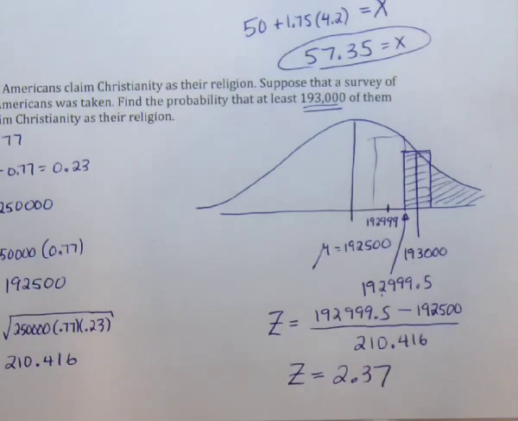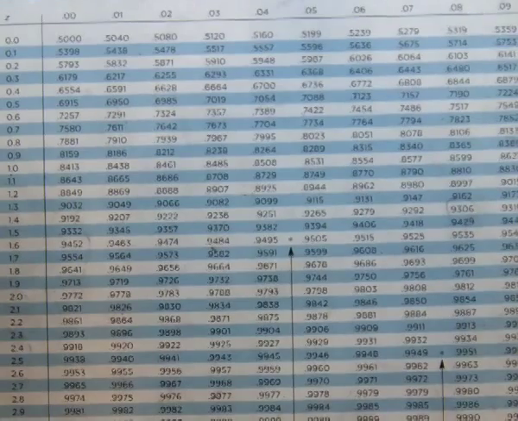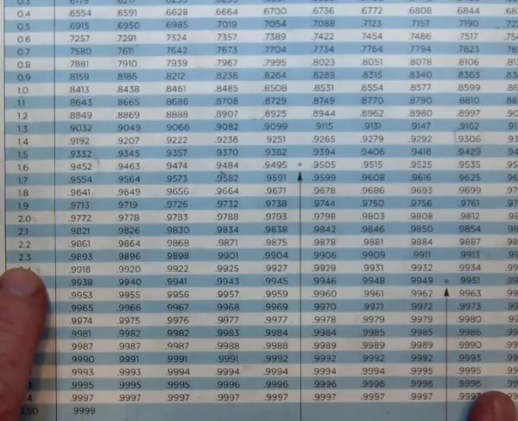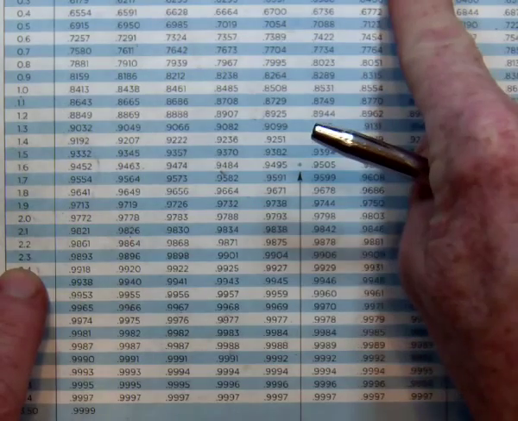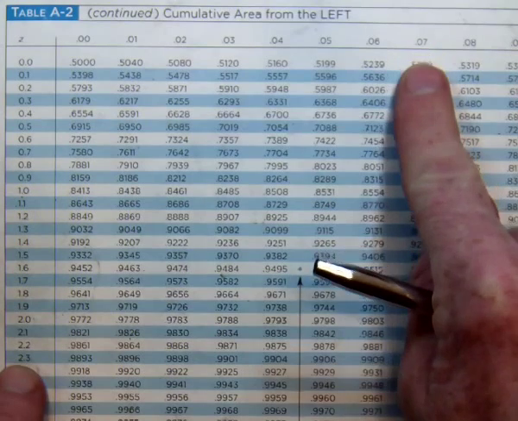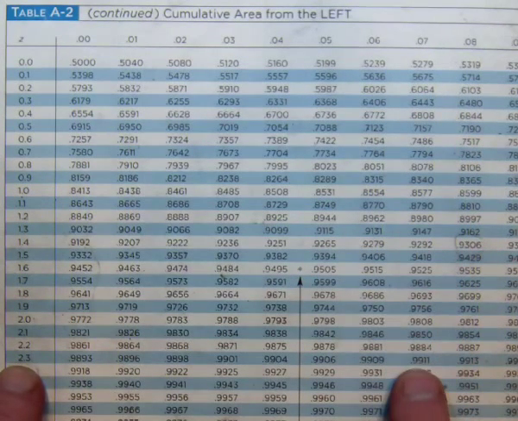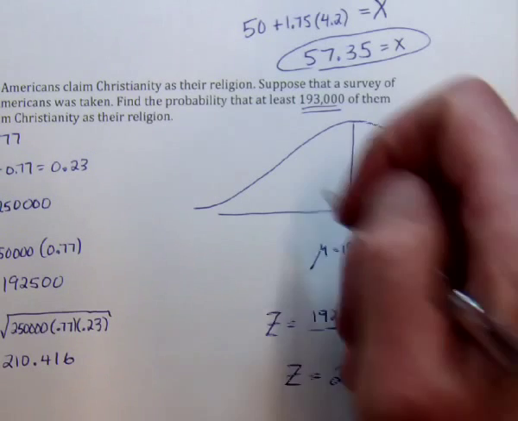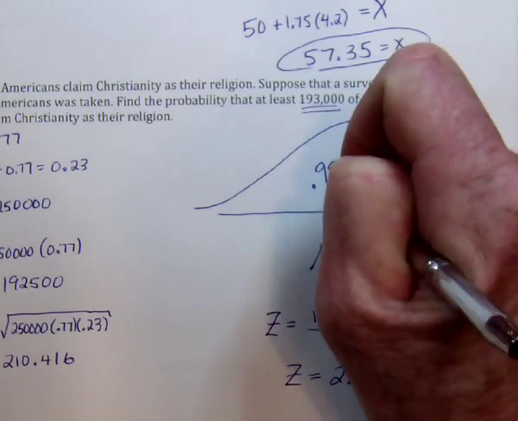All right, we're almost done. Here we go. Z equals 2.3. So 2.3 is right here. And then 7 would be this column. And then those two intersect right here at .9911. And that means that the left side equals .9911.